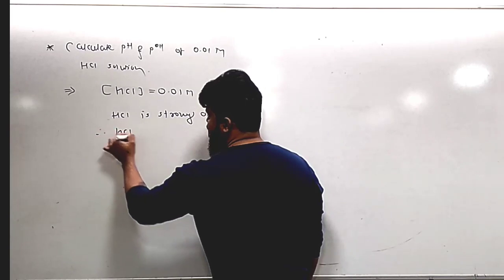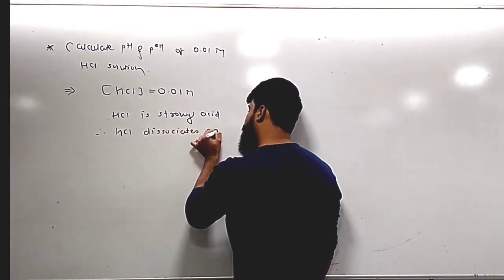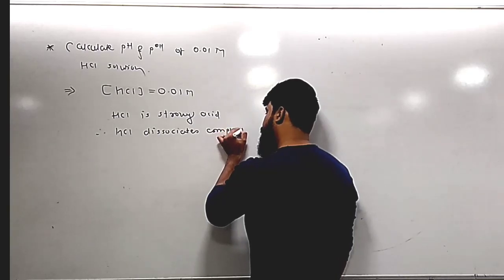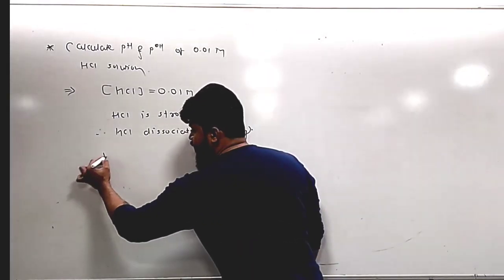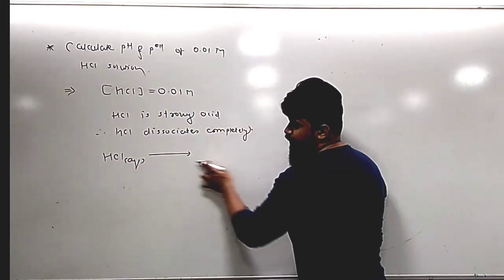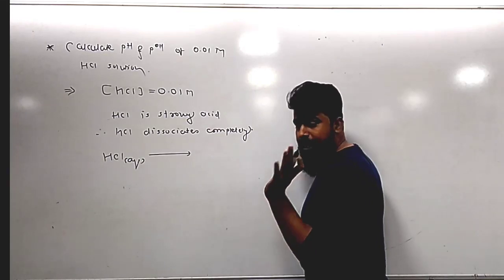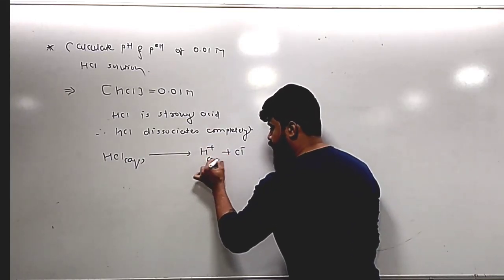Therefore, HCl dissociates completely. It simply means that when HCl is dissolved in water, it dissociates only in the forward direction, because it dissociates almost completely into the H plus ion and Cl minus ion.